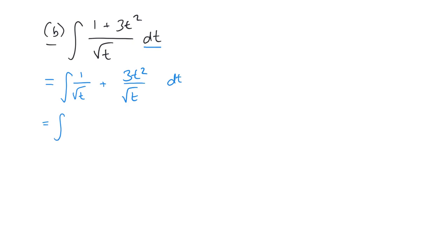So when we bring up the first bit, it's going to be t to the power of minus a half. This part here then, that's 3t squared over t to the power of a half. Using your rules of indices, whenever we divide, we take it away. So 2 take away a half gives us 1.5. So that would be 3t to the power of 3 over 2.